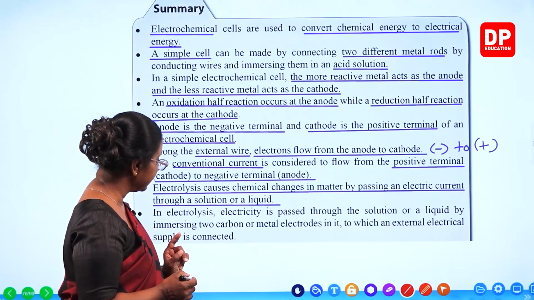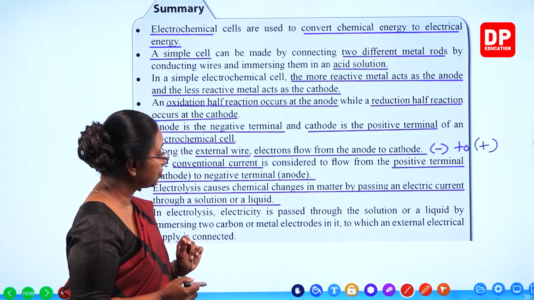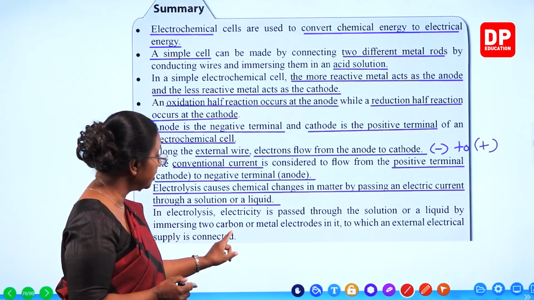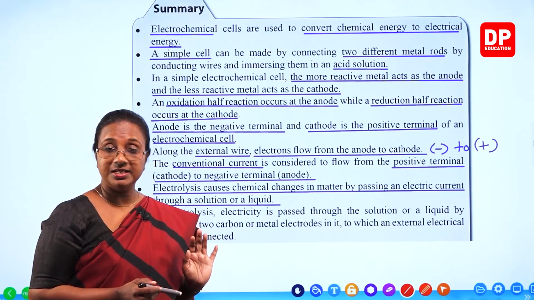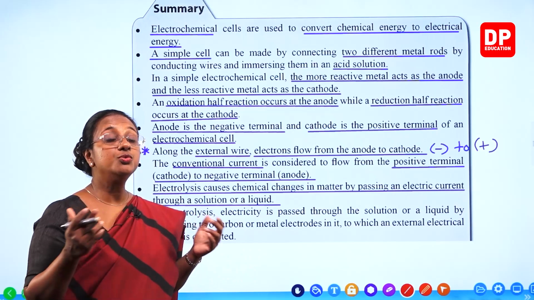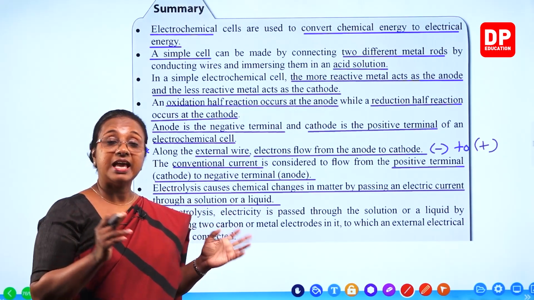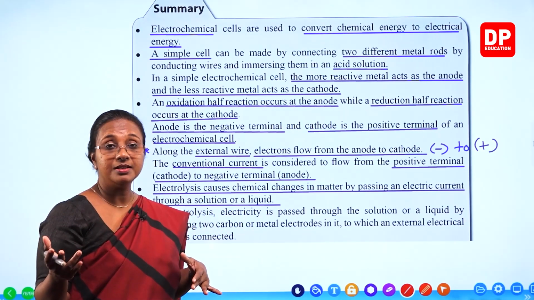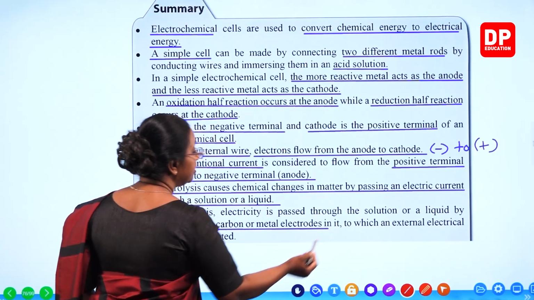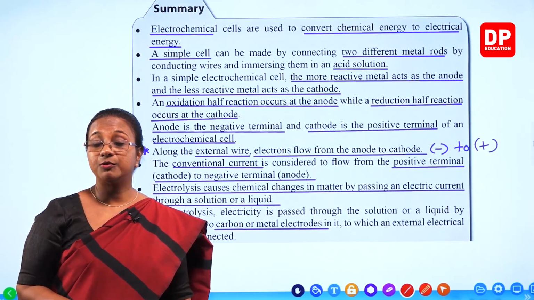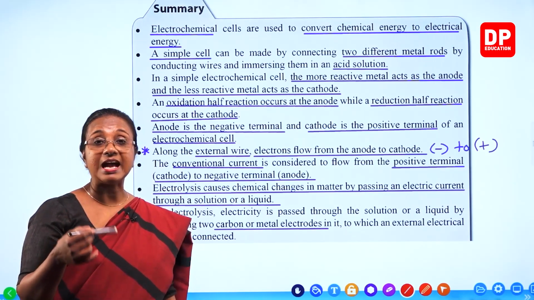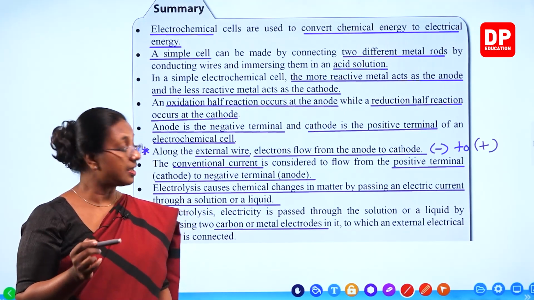In electrolysis, electricity is passed through the solution or liquid by immersing two carbon or metal electrodes in it. Here, of course, it is not compulsory to have two different electrodes; they can be the same or different. Also, carbon and platinum electrodes are known as inert electrodes because they do not react during the electrolysis process.